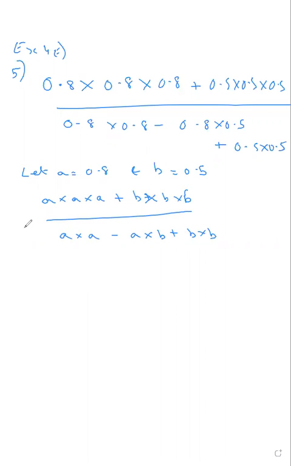Sarah, clear? Which is nothing but A cube plus B cube upon A square minus AB plus B square, right? Expand A cube plus B cube. On expanding, we'll get A plus B the whole thing cube.